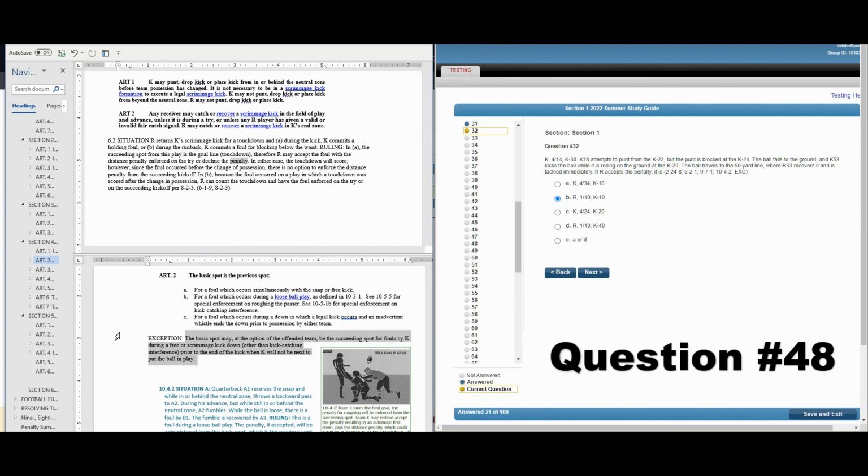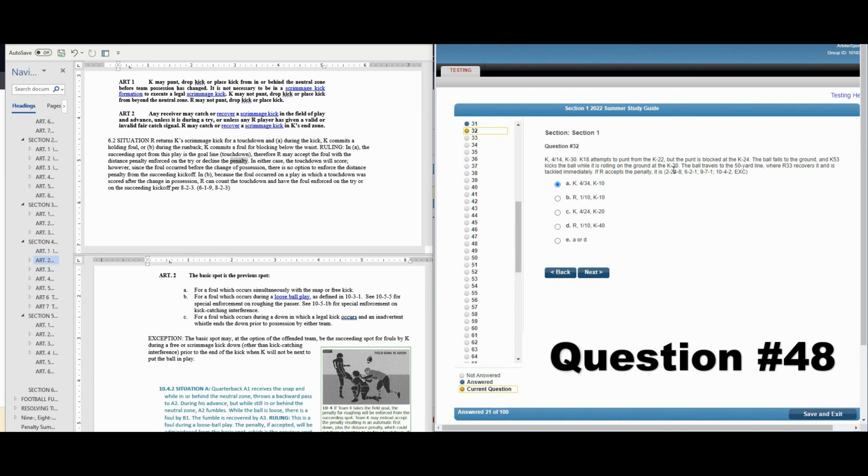So if they accept the penalty, they have two choices. It's either K's ball, 4th and 24 from the K10, because the enforcement spot is the K20, not the K30. This is an all but one enforcement that says any foul by A or by K that is behind the basic spot is enforced from the spot of the foul.